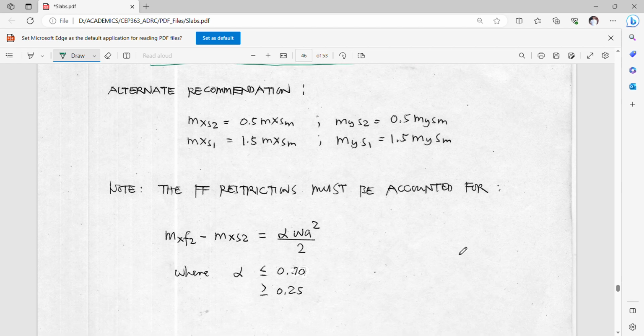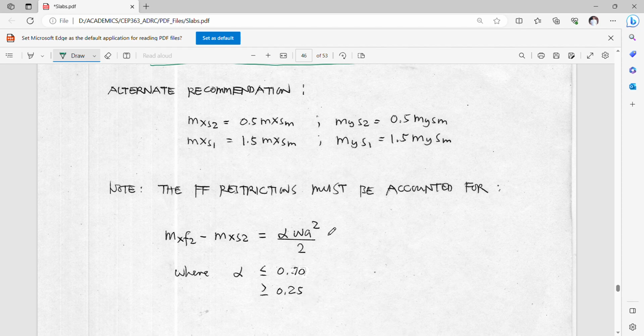We have to check the difference between your positive and negative moments to be within the range, sorry, to be exactly equal to alpha WA squared over 2, where alpha will give you a range value from 0.70 to 0.25.